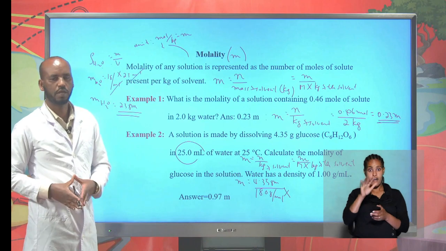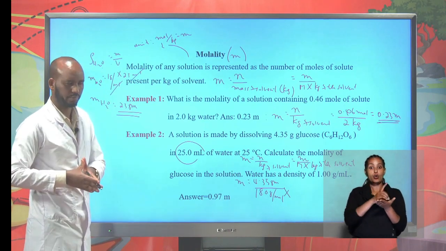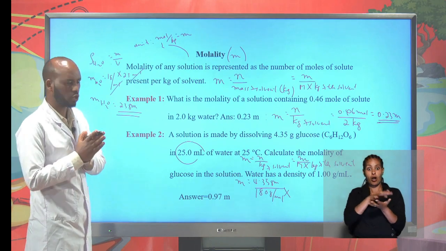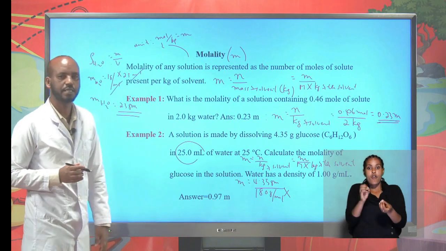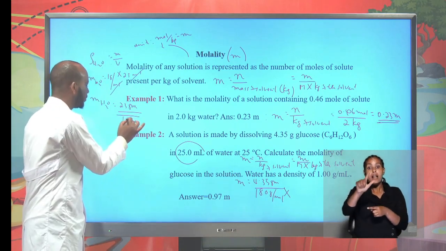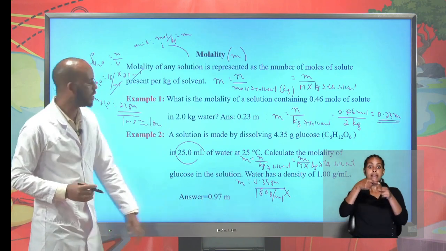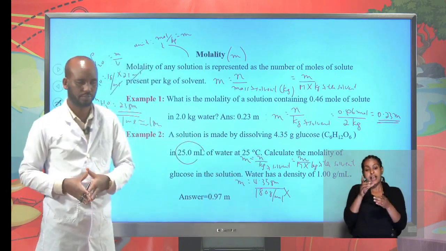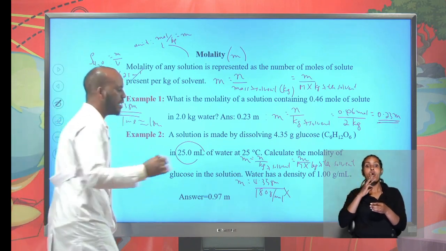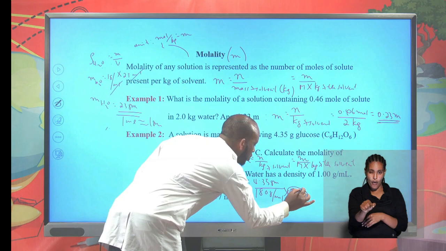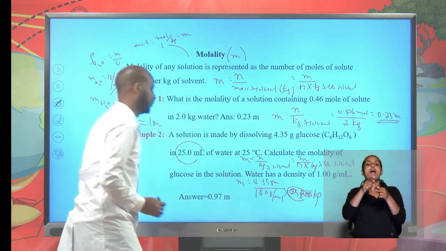Note that for dilute aqueous solution, if density of the solution is 1 gram per milliliter, 1 milliliter is approximately equal to 1 gram. Therefore, mass of water is 25 gram, which is 0.025 kilogram.